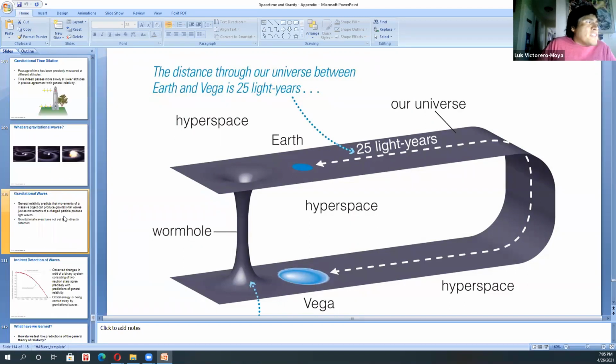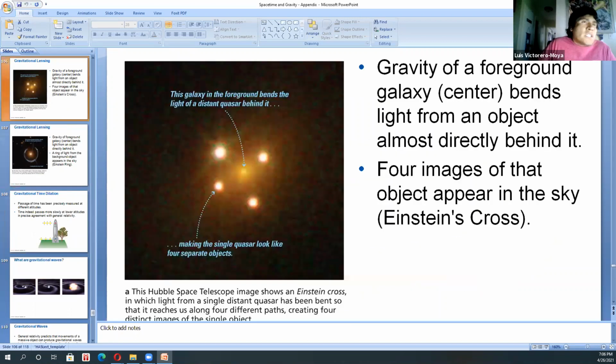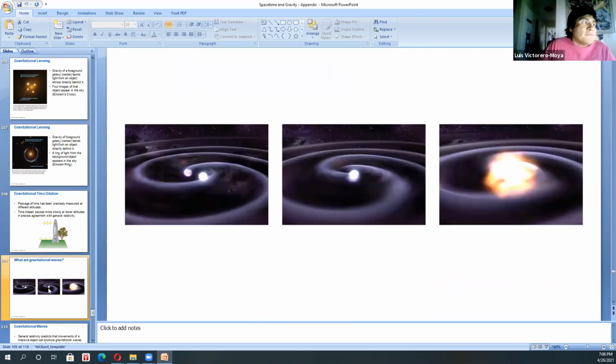So what are other things that came up from relativity? Gravitational lensing. Because gravity bends light, we can use that to find very massive objects in the background of stars, for example quasars, black holes, neutron stars.